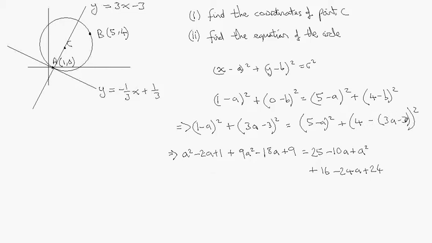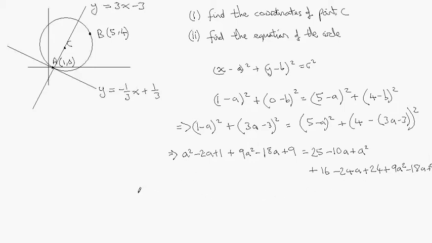So again, first term squared, (3a) all squared is plus 9a squared, plus twice the product, 2 times minus 3, minus 6 times 3a, minus 18a, plus (minus 3) squared, which is just 9.